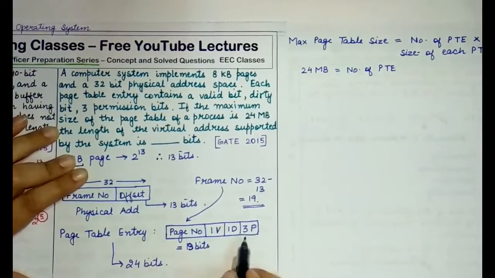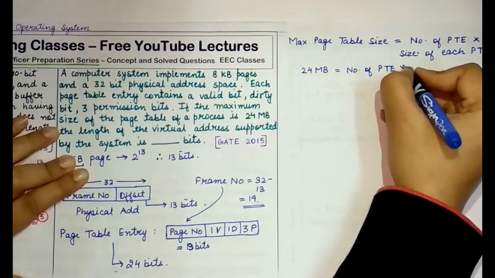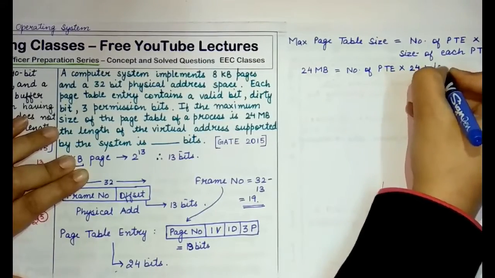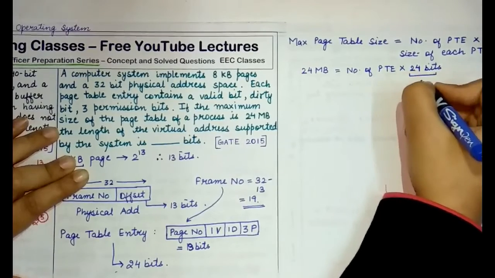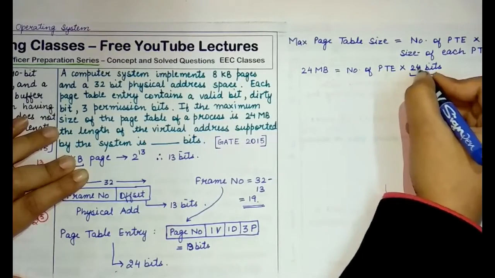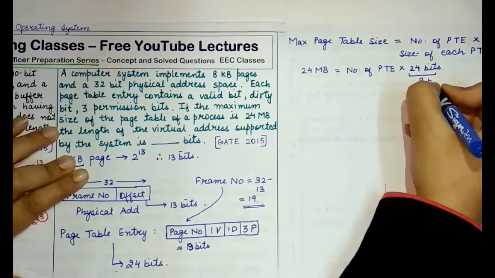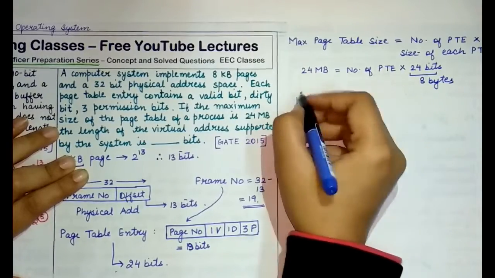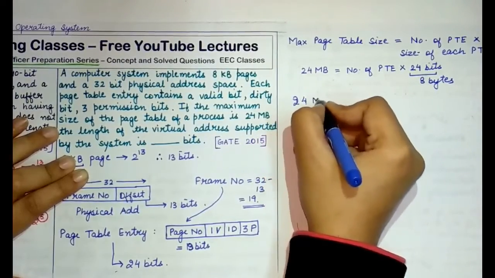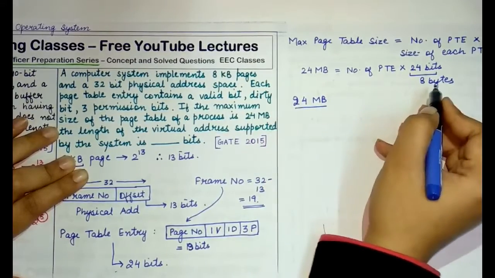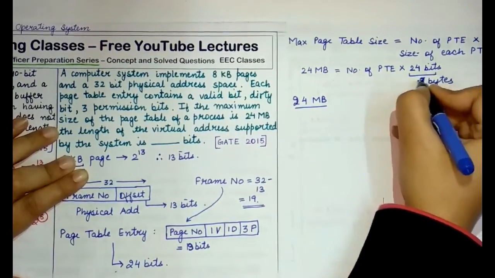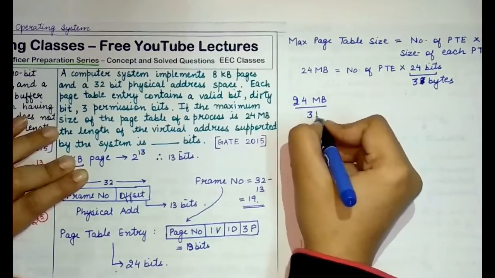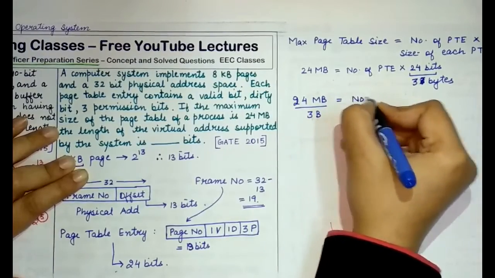This is one page table entry and each is of 24 bits. So 24 bits represent how many bytes? It represents 3 bytes because 1 byte is equal to 8 bits. 24 divided by 8 is 3. So to calculate the number of page table entries, we would take 24 MB divided by 3 bytes, which is equal to the number of page table entries.